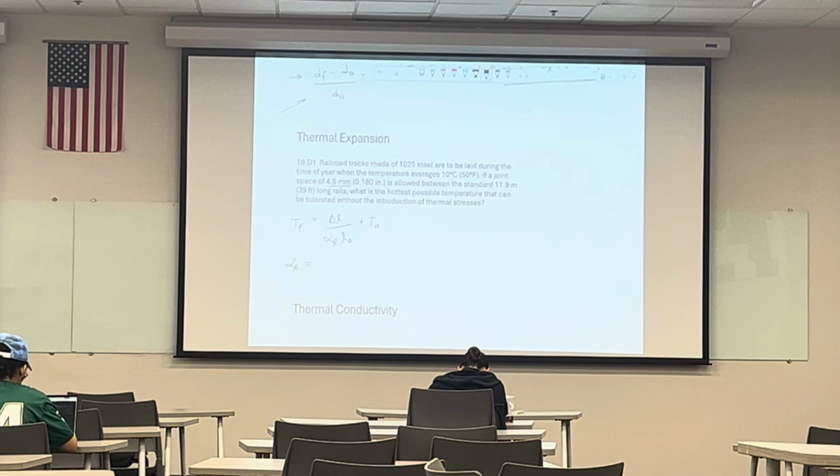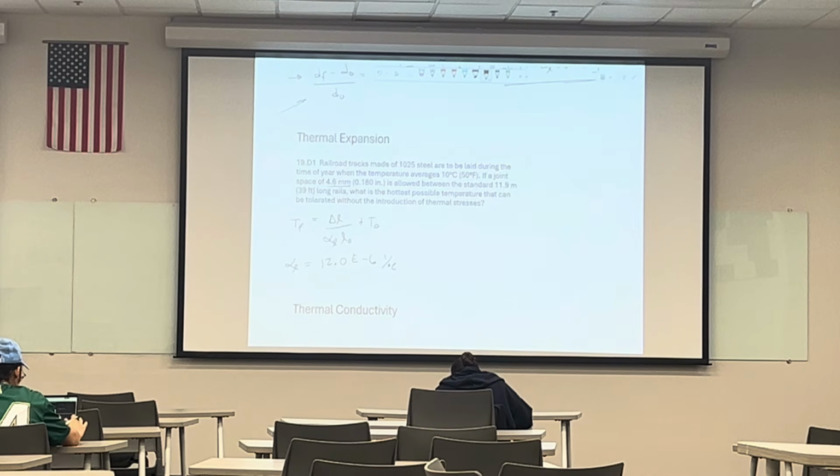I'm not sure if it's divided into all these different steels or if it's generic steel. But if you need those coefficient of expansion values, I'll just go back to that table. And that value here is 12 times 10 to the -6 inverse degrees Celsius. And for the most part, the values here are all basically given.